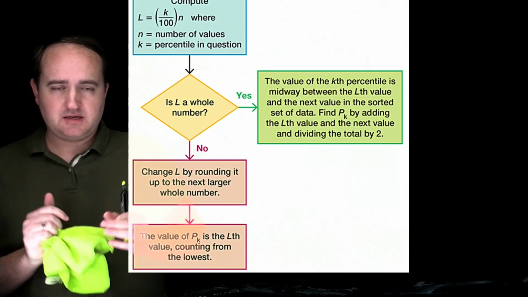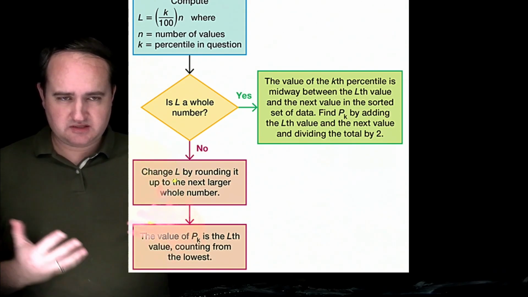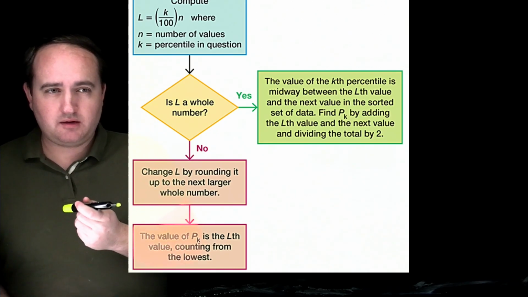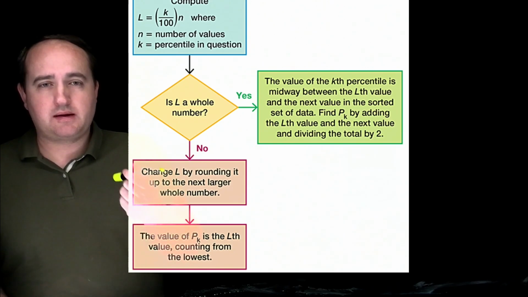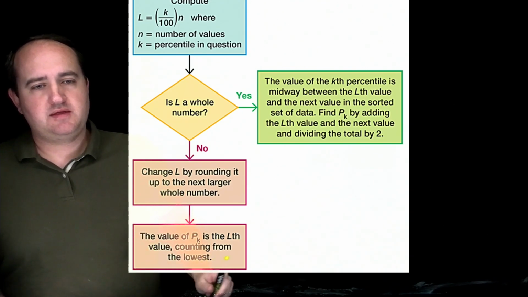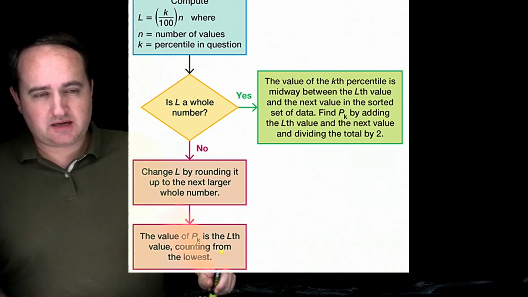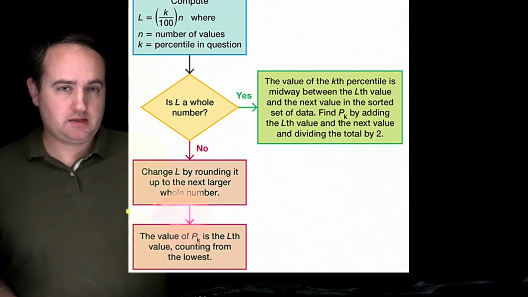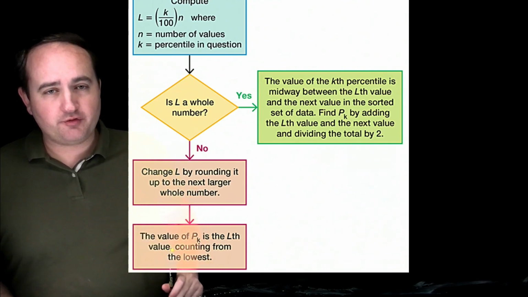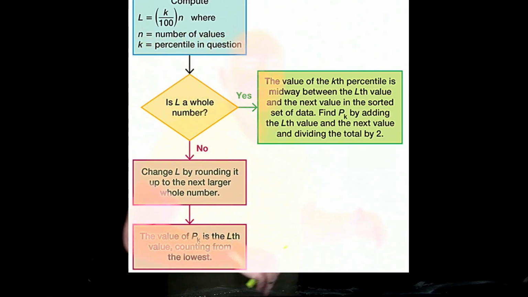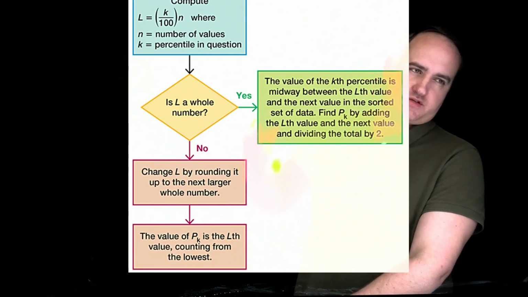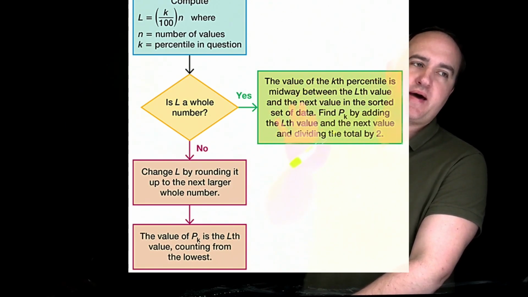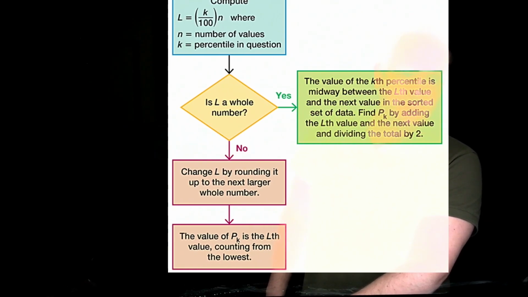I'm not saying you always round up everything in statistics. I'm just saying with the locator, if it's not a whole number, you always round it up, and then your percentile is going to be the Lth value. But an actual example might be more helpful than this whole flow chart. We're going to come back to the flow chart so we can actually use it.